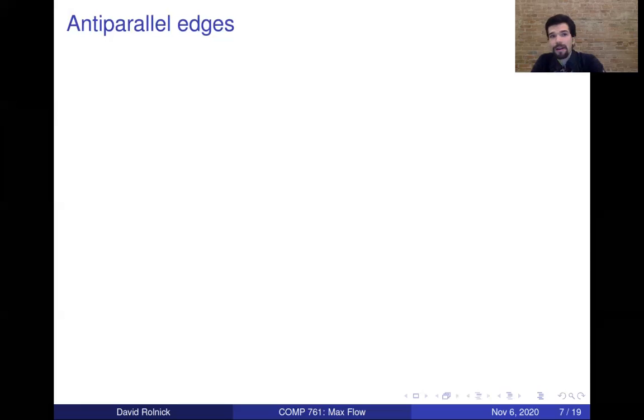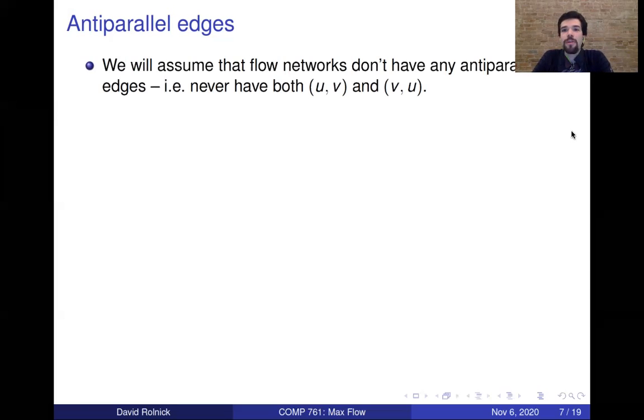Okay, so now we get to anti-parallel edges. We're going to assume that flow networks don't have any anti-parallel edges, which means that we never have both UV and VU.